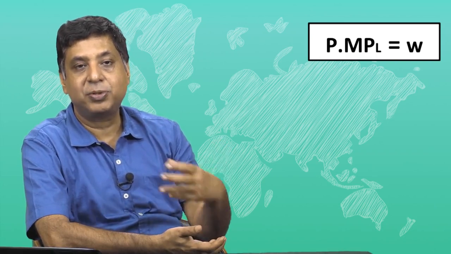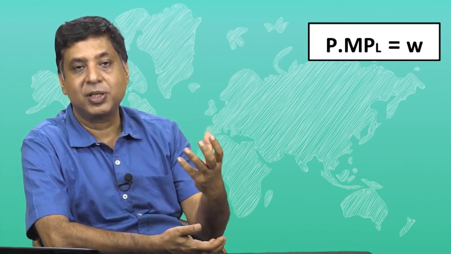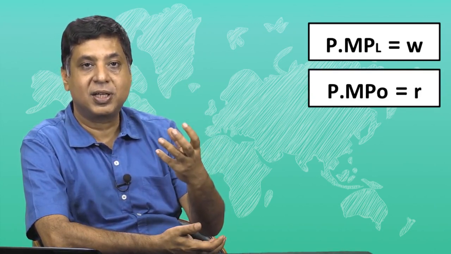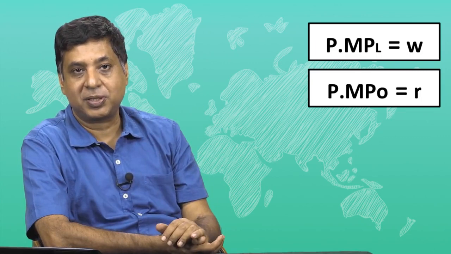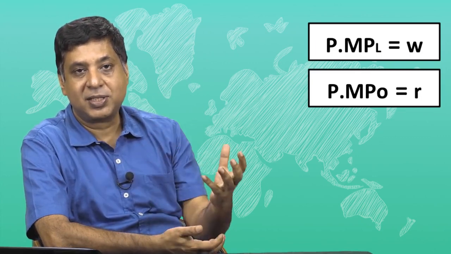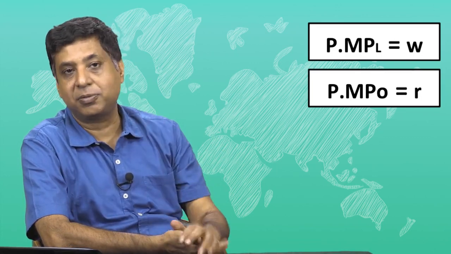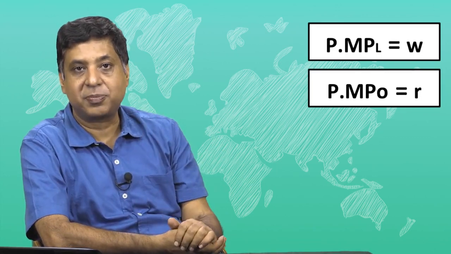Similarly, there would be a similar relationship between the marginal product of office space and the price of office space. The price times the marginal product of office space should be equal to the price of office space, R.